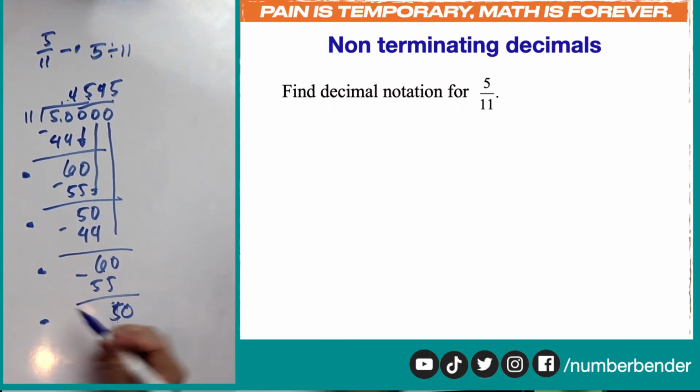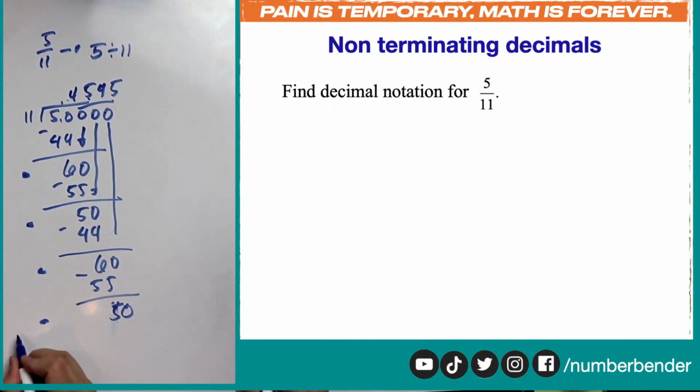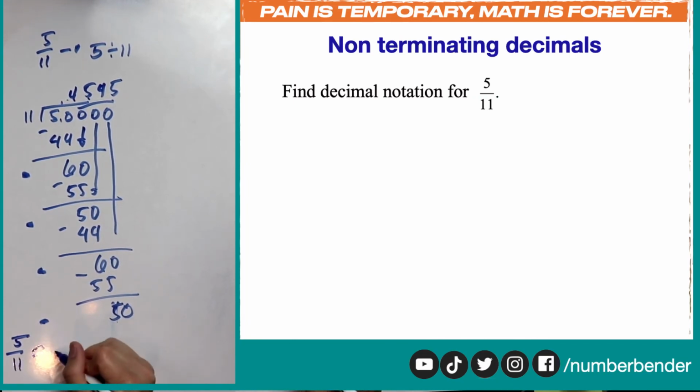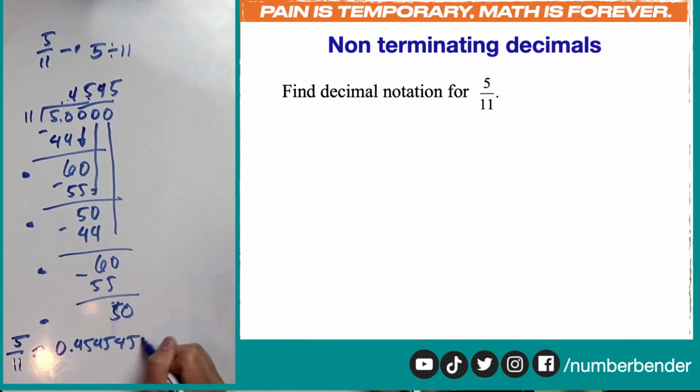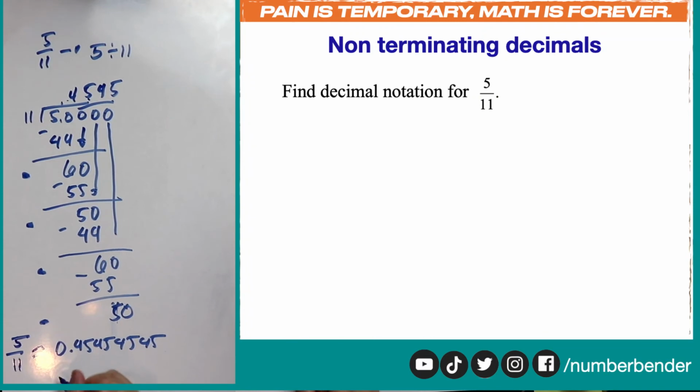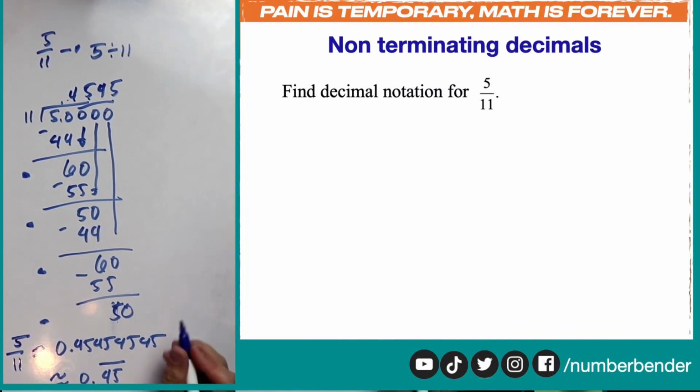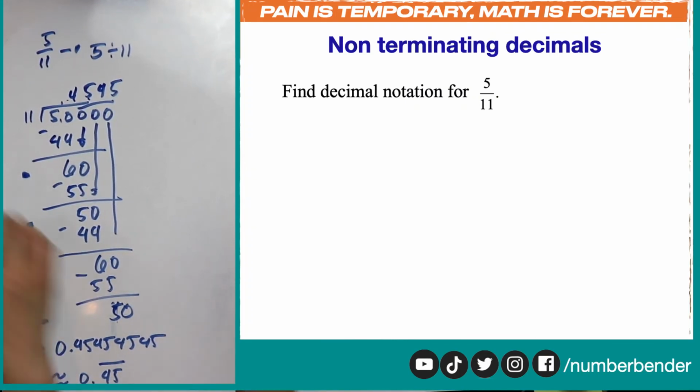So with this, we'll stop, and for 5 over 11, we can conclude that this is approximately equal to 0.45454545, or 0.45 with a bar on top, to signify that this is a non-terminating decimal with 2 repeating decimal values.